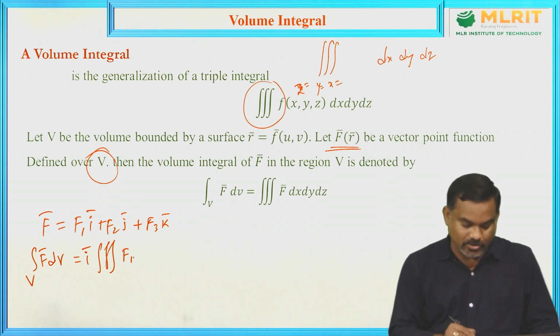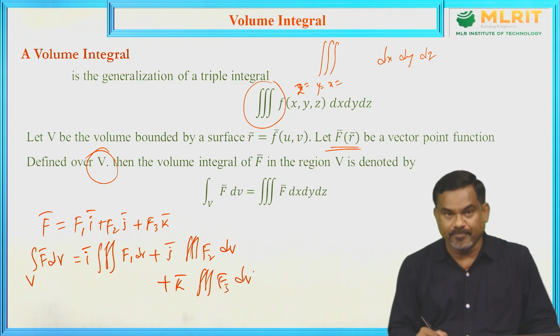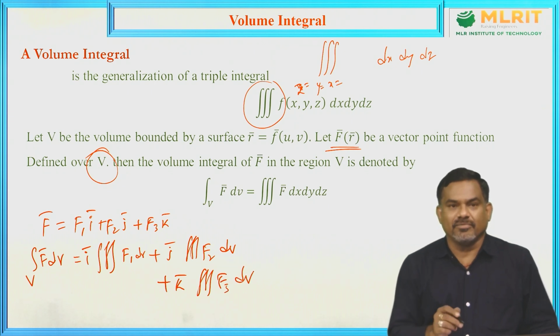So i bar into triple integral of f1 dv plus j bar into triple integral of f2 dv plus k bar into triple integral of f3 dv. So evaluation of a triple integral of a vector means simply to evaluate the triple integral of each and every component of that vector.